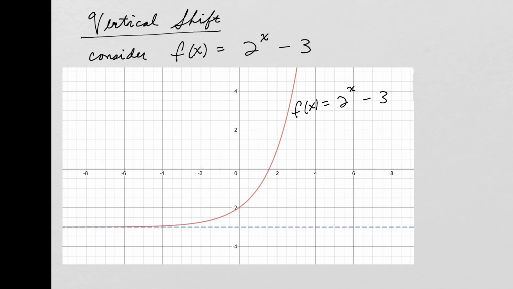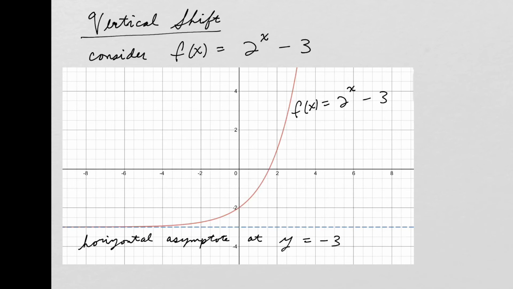It shifts down. So now I'll say there's a horizontal asymptote at the line y equals negative 3. That's the dashed line right there. So it just took that original function 2 to the x and shifted it down.